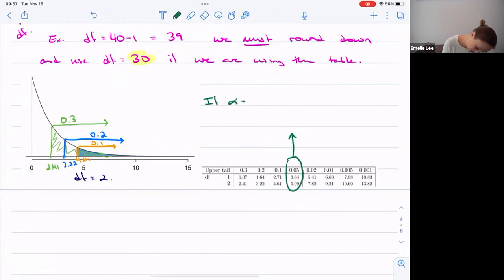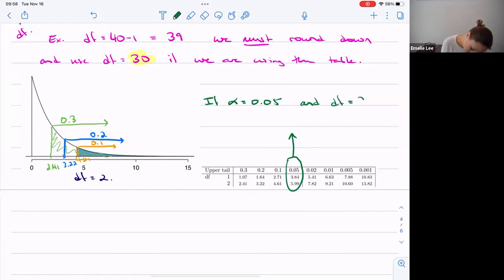If alpha is 0.05, we see that we would reject H0. When do we reject H0? When the p-value is less than the alpha level. And here, because we're moving further and further out into the tails, the p-value would be less than 0.05.